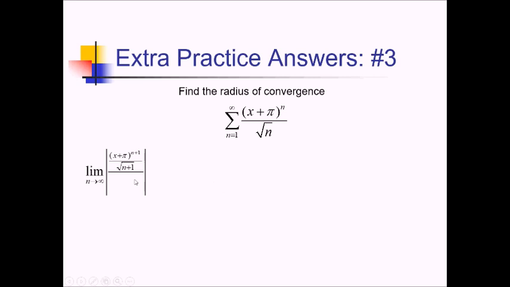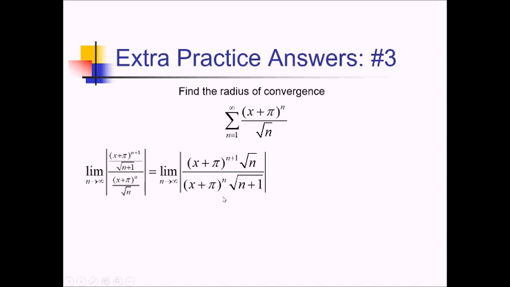And downstairs we just have the nth term, so basically the stuff we see in the original summand here. Same change flip, we've got (x plus pi) to the n plus 1 times radical n in our numerator. Downstairs we've got (x plus pi) to the n times radical n plus 1.